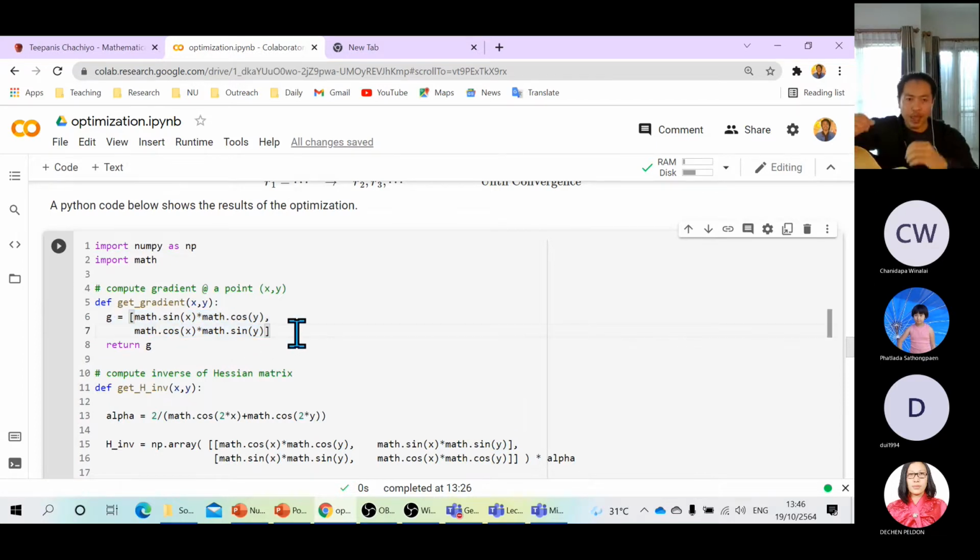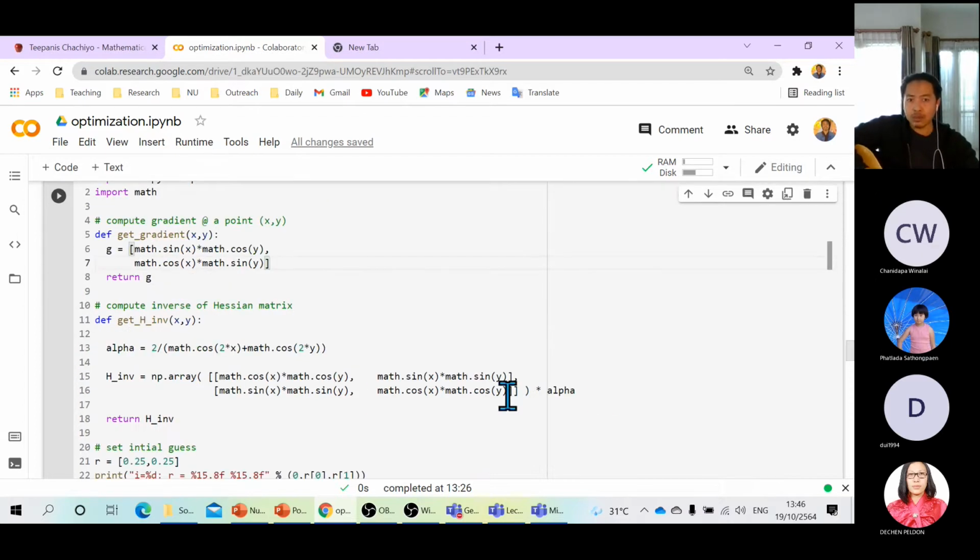I have to go to my scratch paper and do some hand calculus, working on this magic of calculus. I get this G vector gradient. I have to use some kung fu for the mathematics to find the formulas for the inverse of the Hessian, but I put it in there.